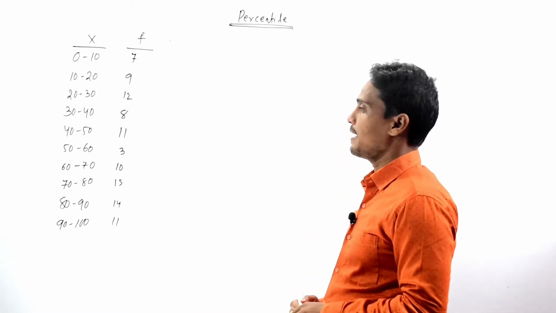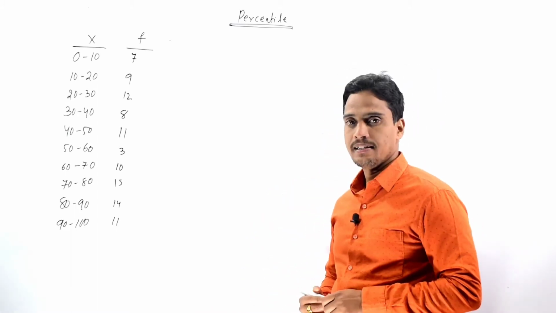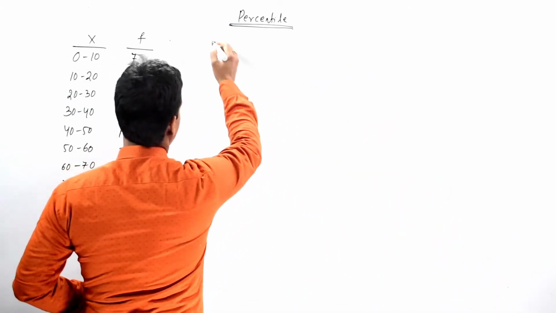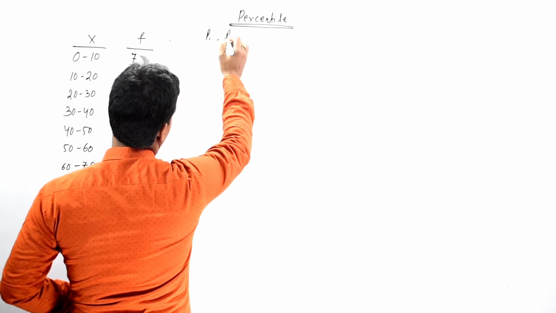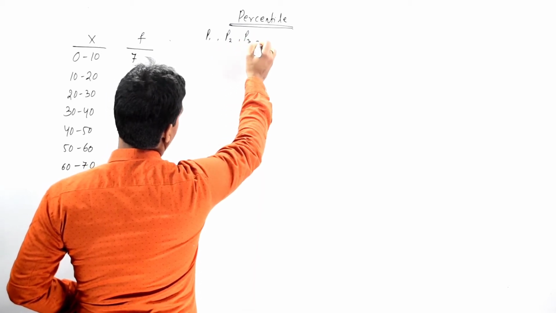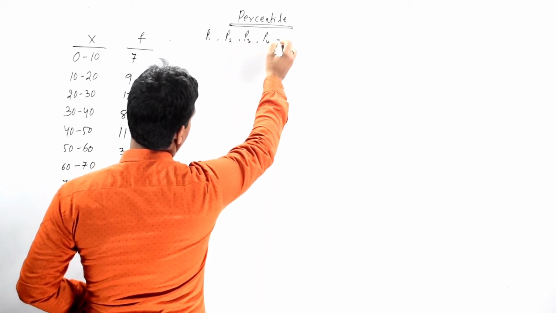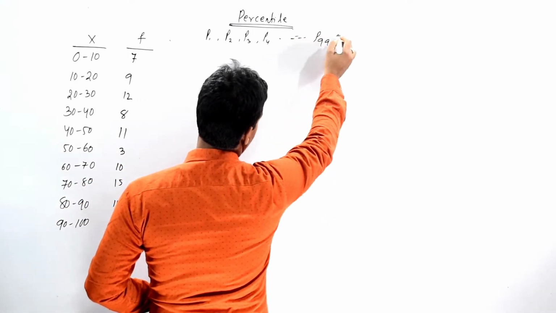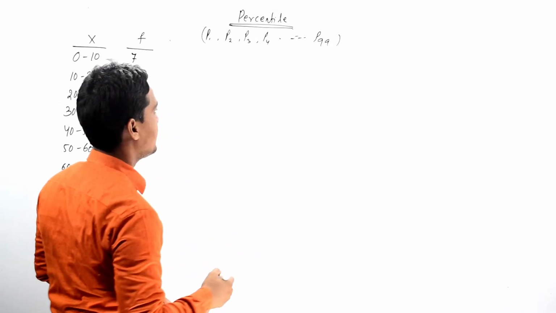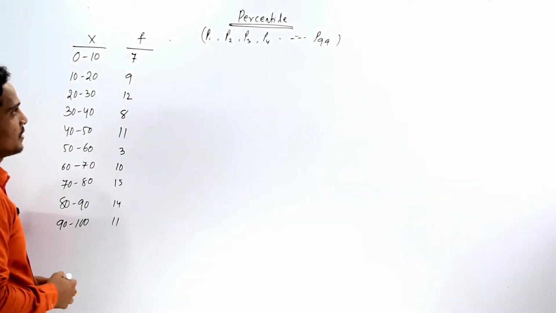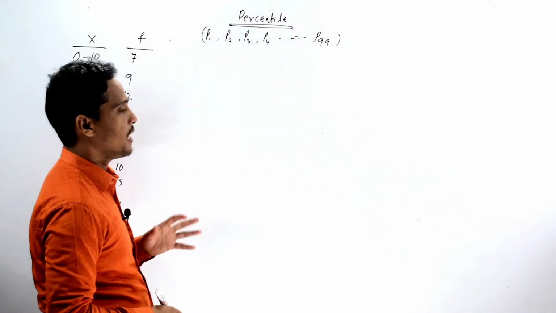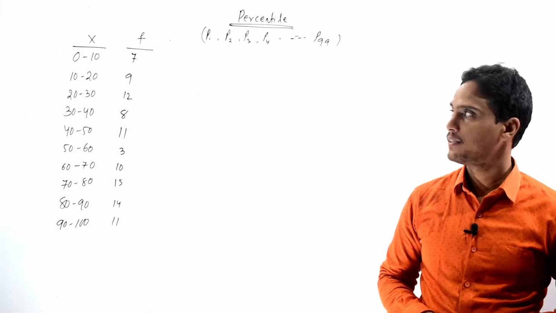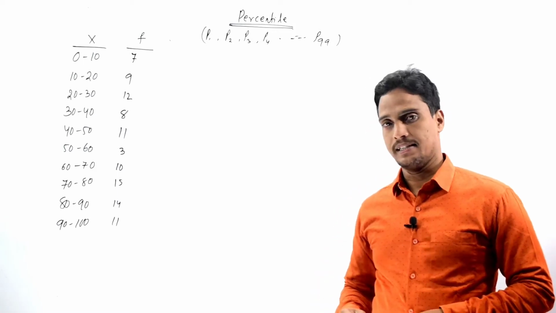So there are 99 percentiles, which are denoted as P1, P2, P3, P4 up to P99. Here we have to compute percentiles of the given series.